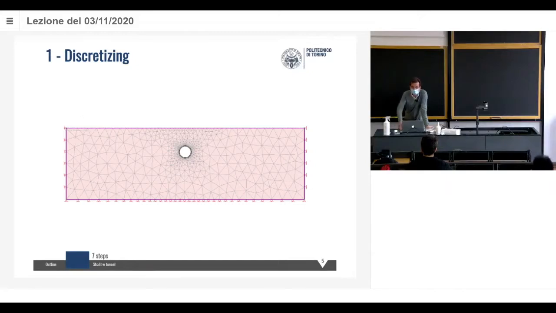So let's go through all these 7 steps together, and maybe I can. We have a number of slides here, so we can follow them. But let me use the blackboard also, and let's consider the problem of a deep tunnel.